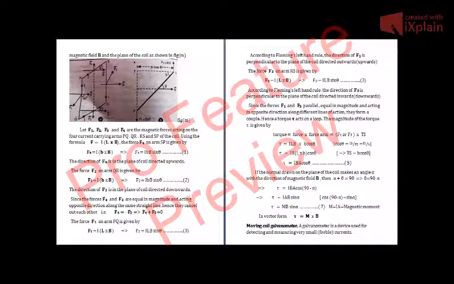Now let us calculate the other two forces F1 and F3. The force F1 on arm PQ is given by F1 is equal to I L cross B, which means F1, it is not F2, sorry, F1 is equal to ILB sine theta.